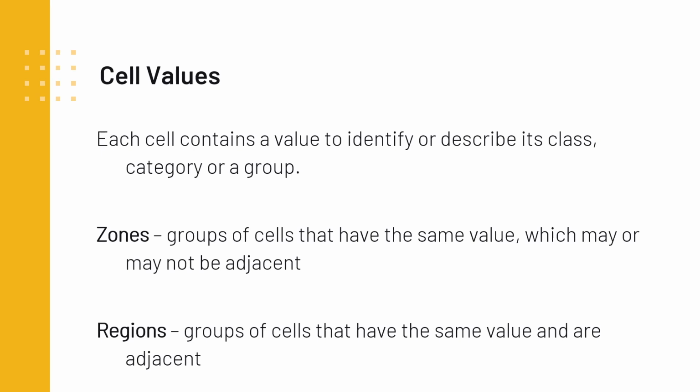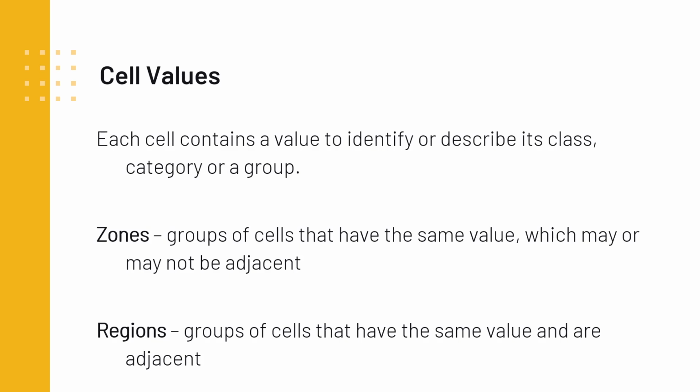When working with raster data, one of the main differences between that and vector data is you only have one attribute per layer. Okay? But what happens if you need to identify a class or a category or a group of cells? To do this, you typically have a raster layer that will be divided into either zones or regions.